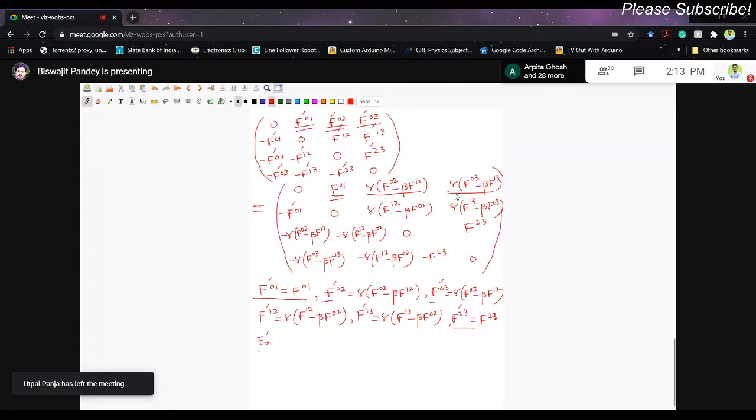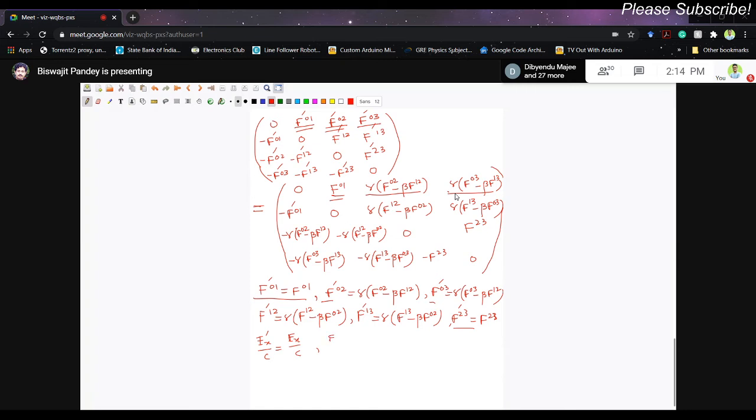If I write ex prime by c equal to ex by c, that means I take the first f01 component as ex prime by c, not ex prime, multiplied with some factor 1 by c. That's identical. c will get cancelled and you will get the same result which you have obtained earlier. Similarly, the second equation, you can write this. So all these things will be just 1 by c times that.